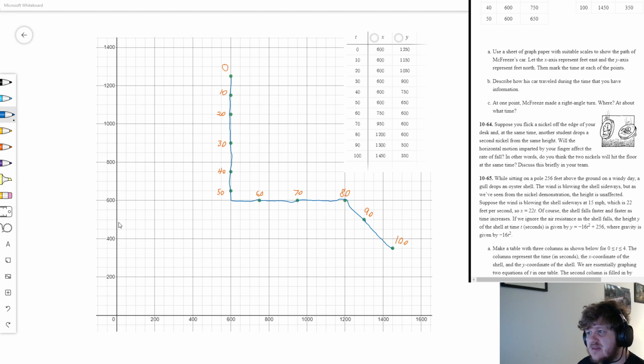Now, the next thing is understanding that we have this map of directions based on time. Another thing is, if you look at 10-64, I know you guys can't really communicate with your group, with your team, but if you think about it, this is something that was probably covered in physics: the idea that the horizontal motion of a projectile and its vertical motion are separate.